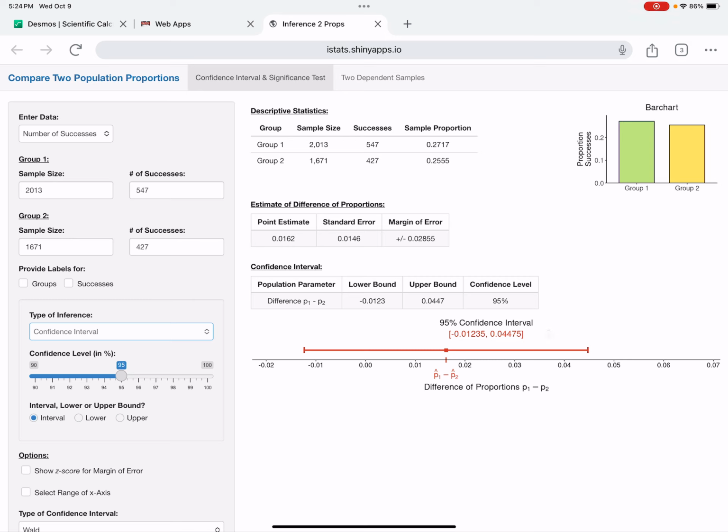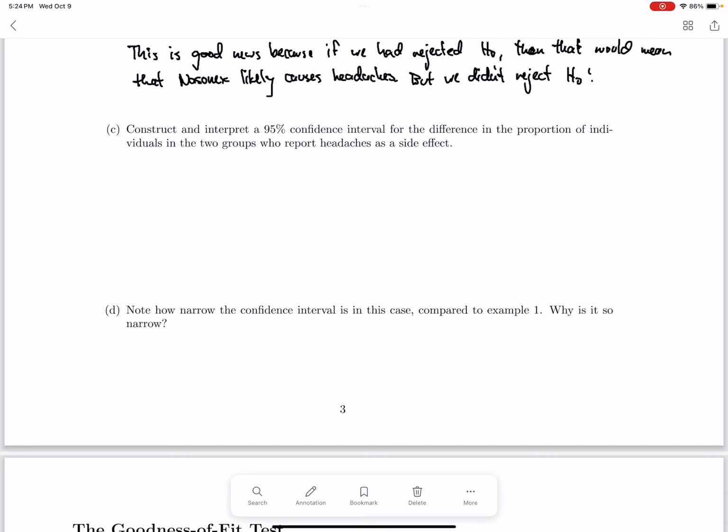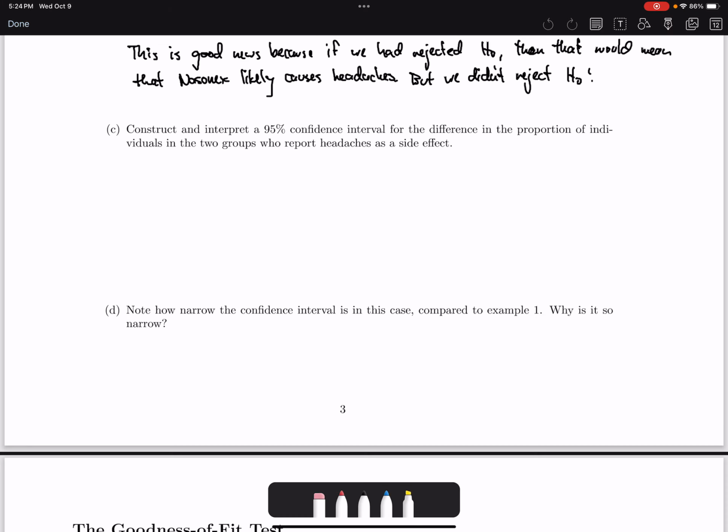So let's write that down and talk about what that means, okay? So we went to Art of Stat, and we entered our statistics. I'm just going to cut to the chase and write down the confidence interval.